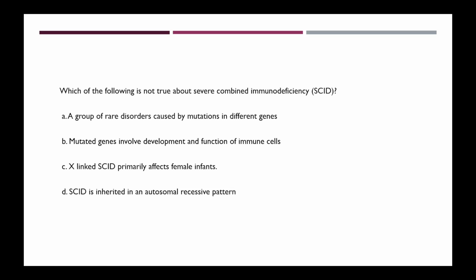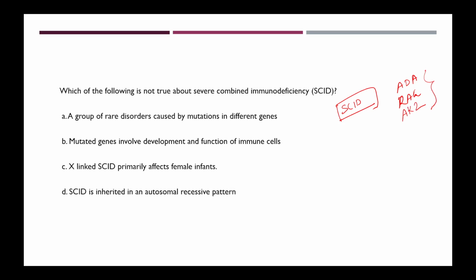Which of the following is not true about severe combined immunodeficiency? First option: a group of rare disorders caused by mutations in different genes. Is it correct? I told you SCID is a disorder due to mutations in different types of genes, like the ADA gene, RAG genes, and adenylate kinase 2, the AK2 gene.